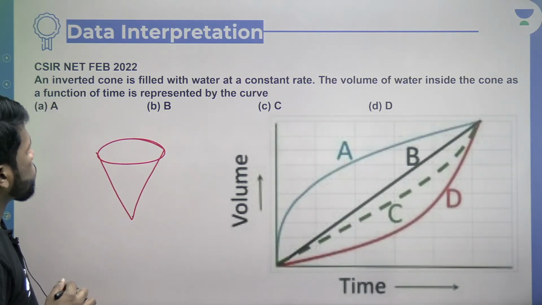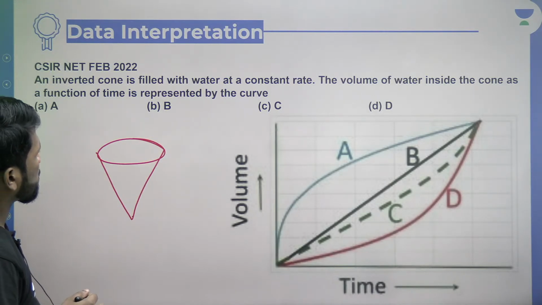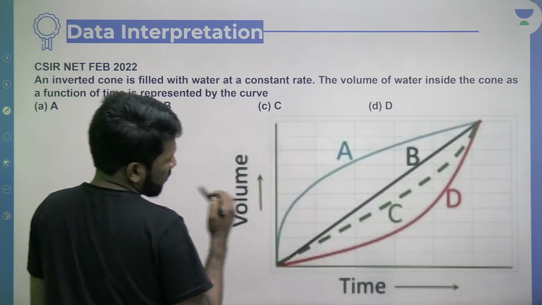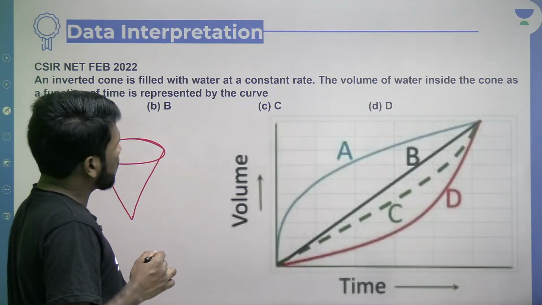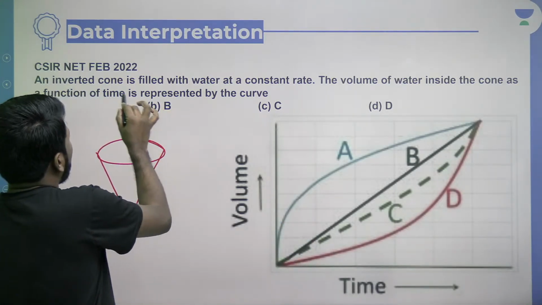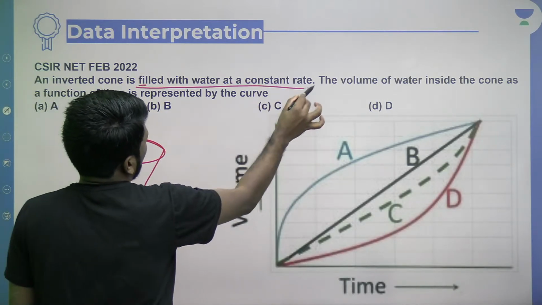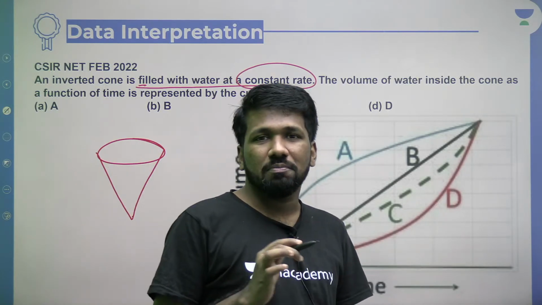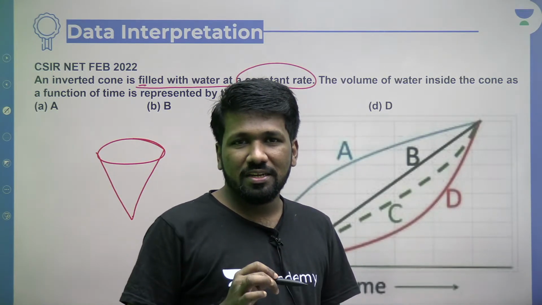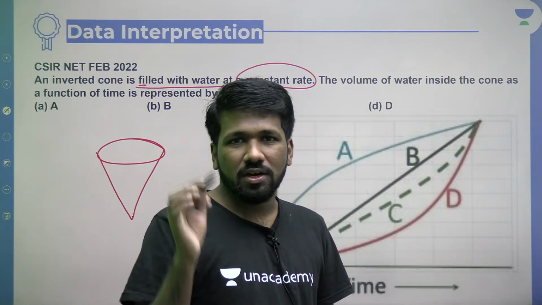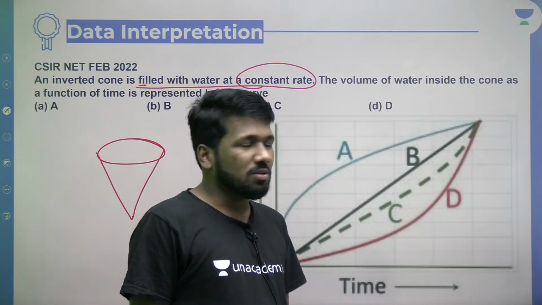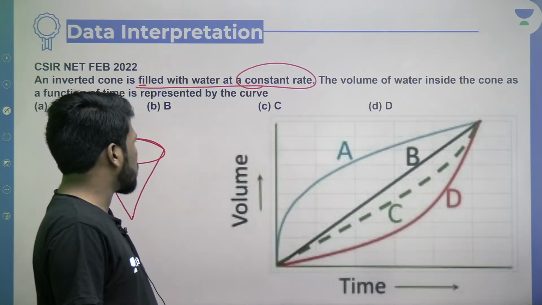The question is asking volume of water with respect to time. The question itself says fill the water at a constant rate. Constant rate means slope of the curve should be same. Rate means slope of the curve. Mathematically speaking, tan theta should be same.